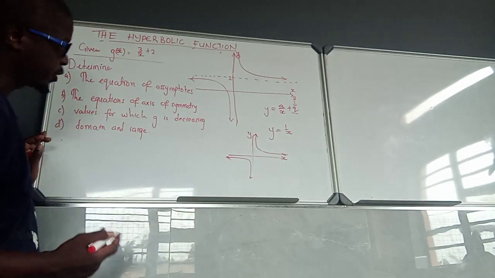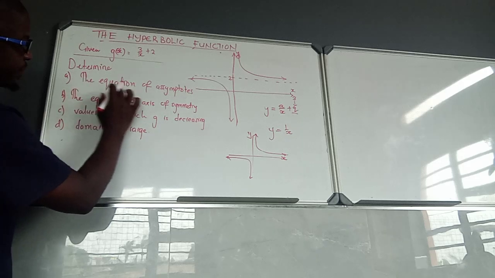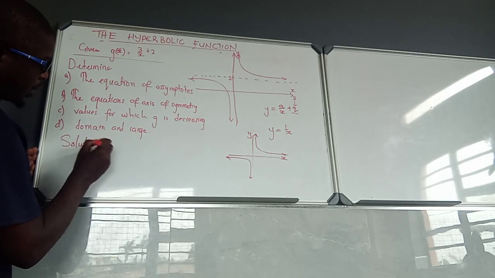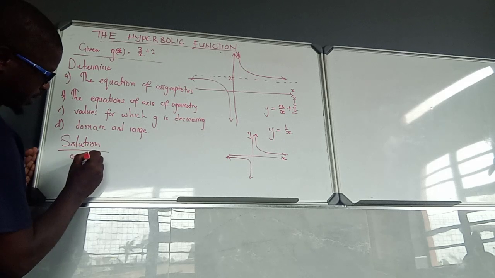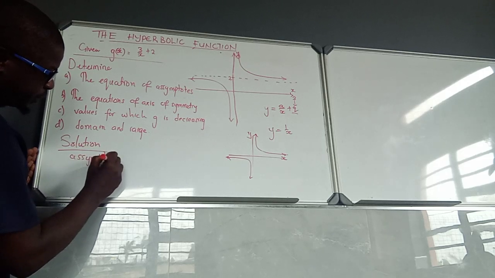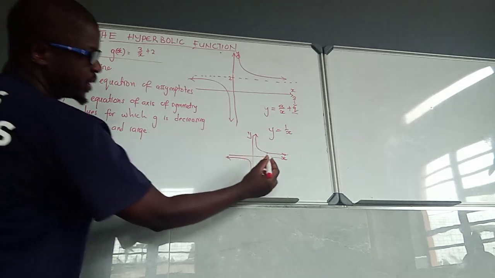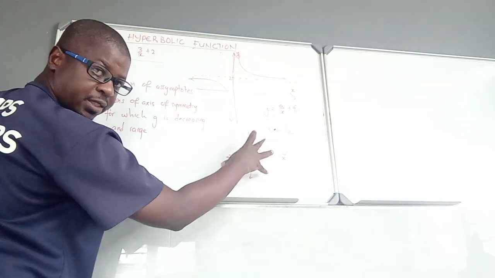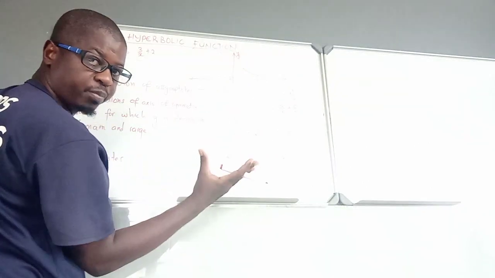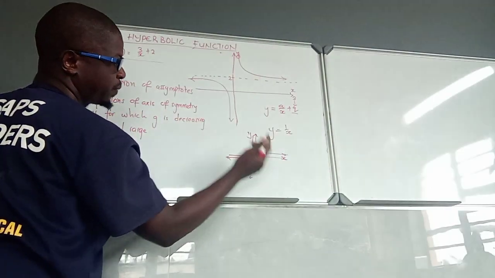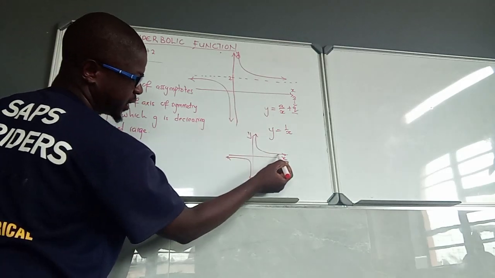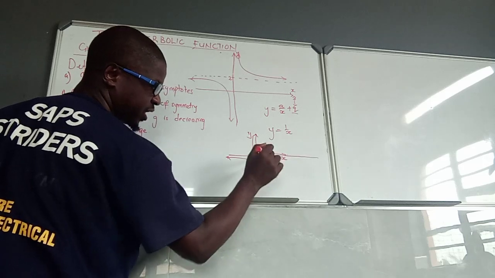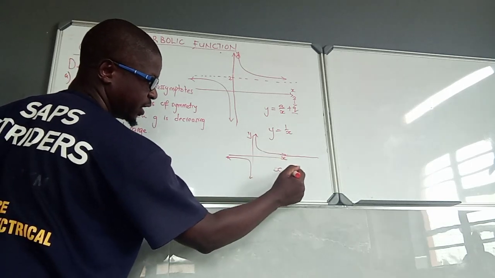Now, coming back to our question, it says determine these asymptotes. So our solution for our asymptotes: we are no longer fixing our attention on this one now. This was just to illustrate from the beginning. We want to come back to this graph. In the mother graph, the graph is not going to touch the x-axis, so our asymptote is y is equal to 0.